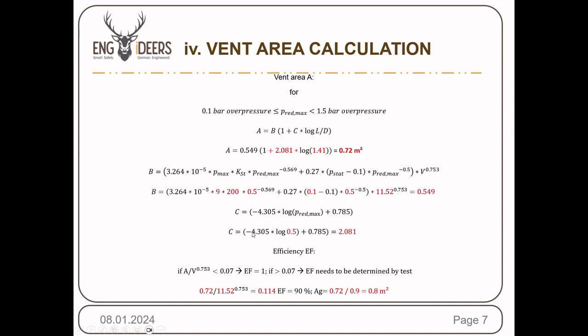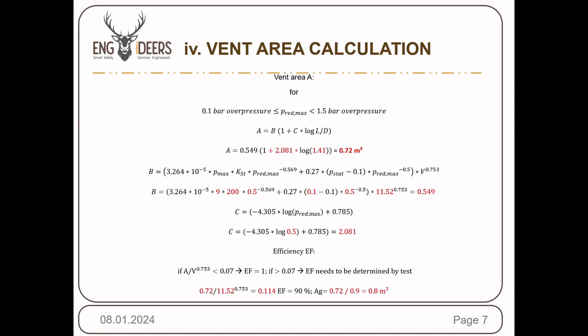So let's assume we have a normal vent panel and the notified body did testing, and they said, okay, we saw that the efficiency in comparison to the aluminum foil is around 90%. So that's why we need to increase the calculated geometric vent area by the efficiency factor.